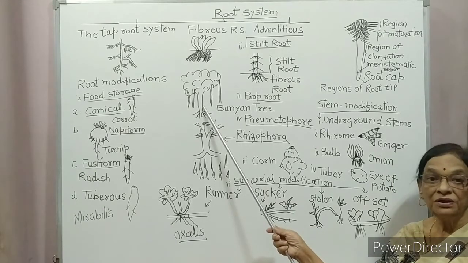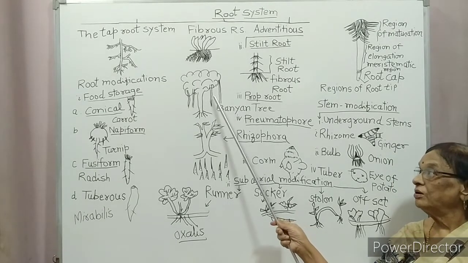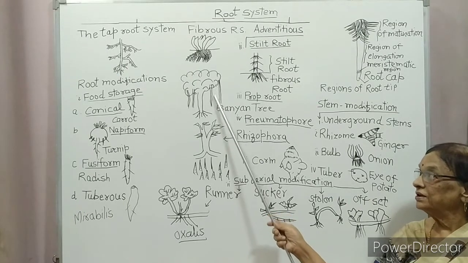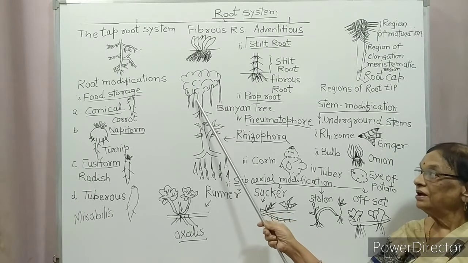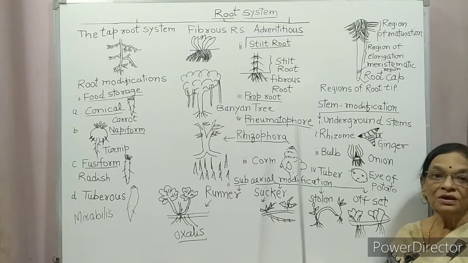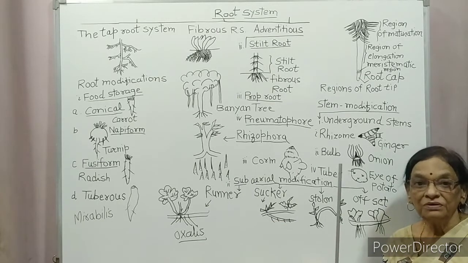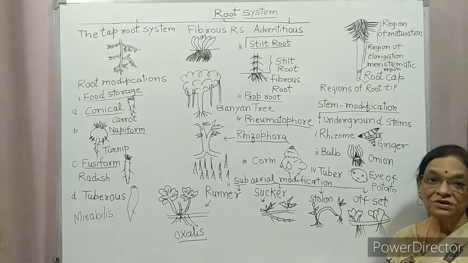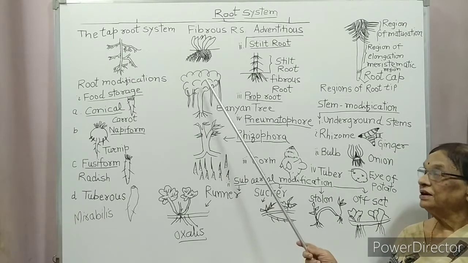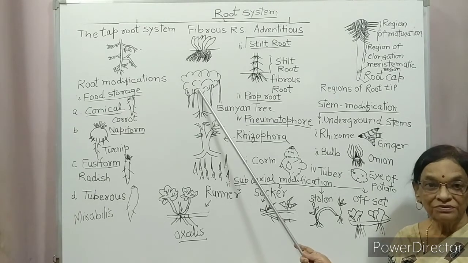What happens in banyan tree? Many prop roots join together and become like the stem. If you visit Kabirwad near Bharuch, you will find nearly 200 banyan trees.